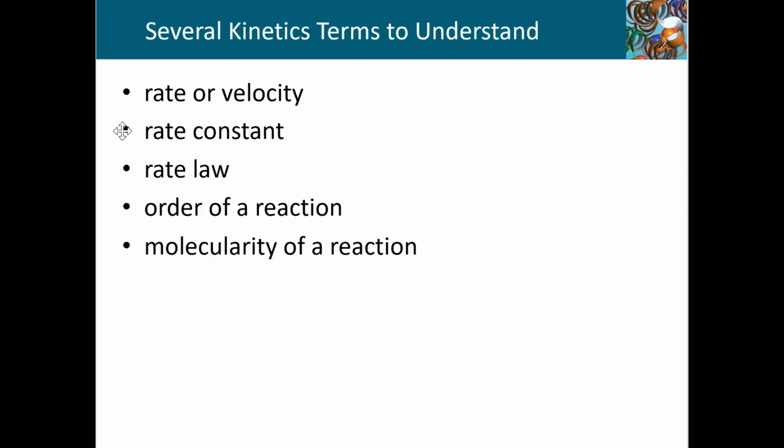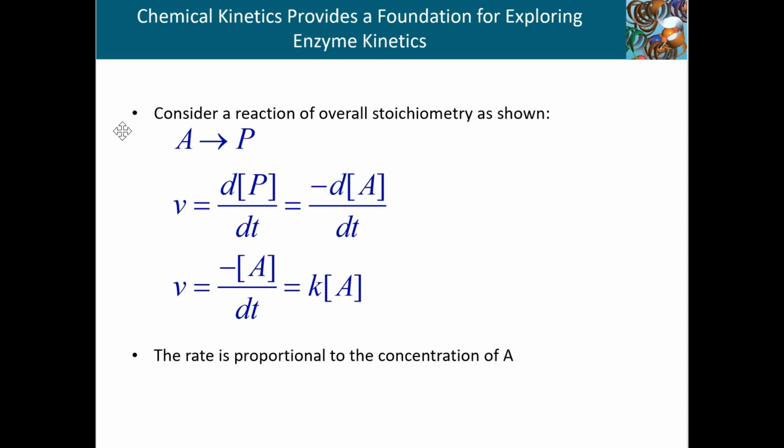So here are a couple of terms that'll be really important for everyone to know and understand and be able to answer questions around. We need to understand the concepts of rate or velocity. We need to know about the rate constant, the rate law, the order of a reaction, and the molecularity of a reaction. So, moving right into rate, the velocity or rate of reaction has to do with the speed at which the concentration of a product forms.